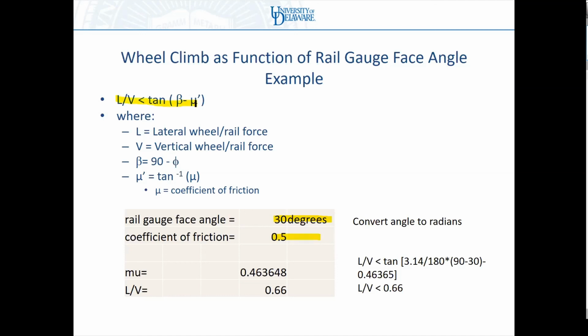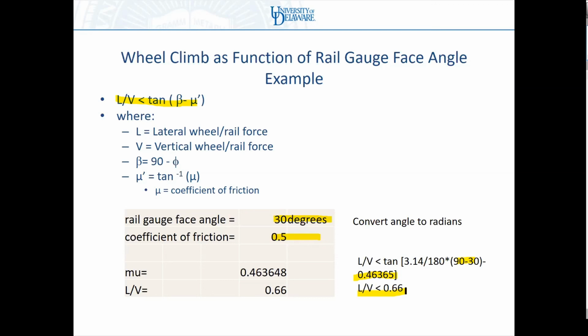My L over V threshold is tangent of beta minus mu prime. So beta is 90 minus 30. Mu prime is the arc tangent of 0.5, which is 0.43365, and my L over V threshold in this particular case is 0.66.